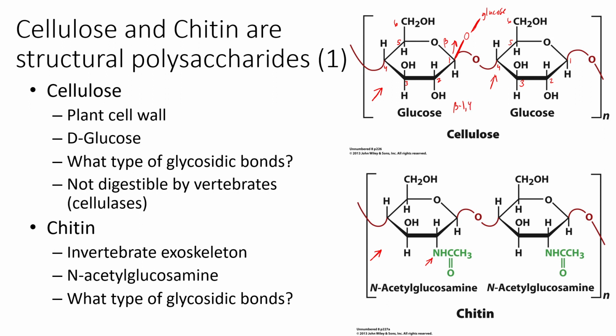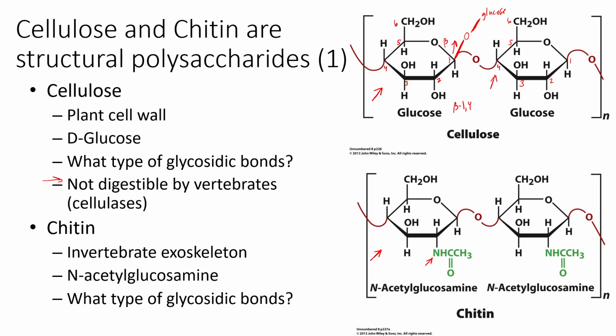So we can call this glycosidic bond a beta 1,4 glycosidic bond. And this particular beta 1,4 glycosidic bond is not digestible by vertebrates. There are other organisms that can digest these types of bonds, and they use an enzyme called cellulase. But vertebrates, like us, we lack those, so we cannot ourselves personally digest cellulose.